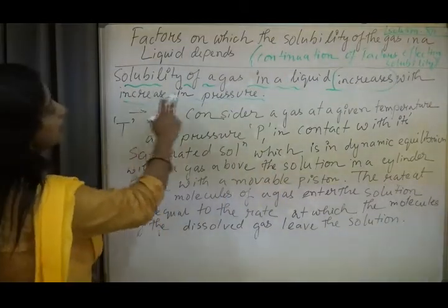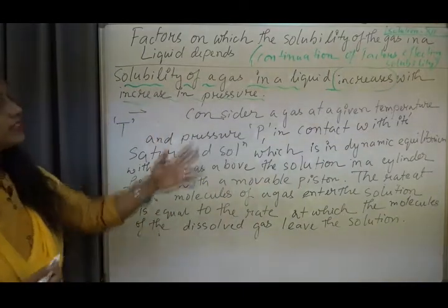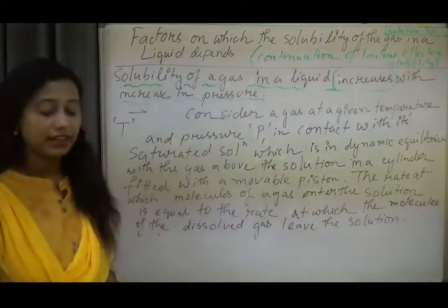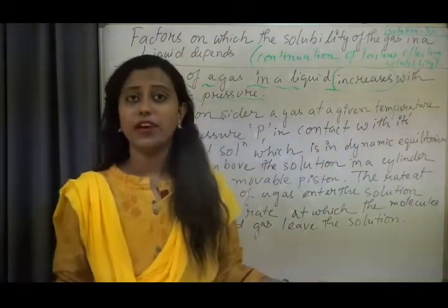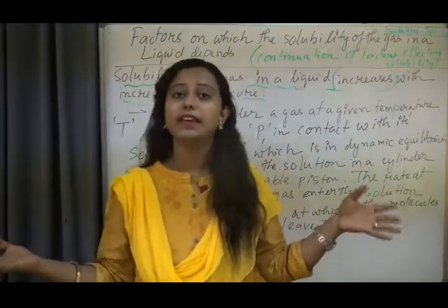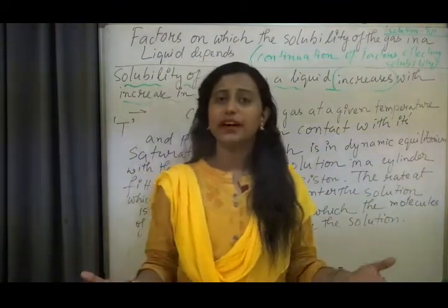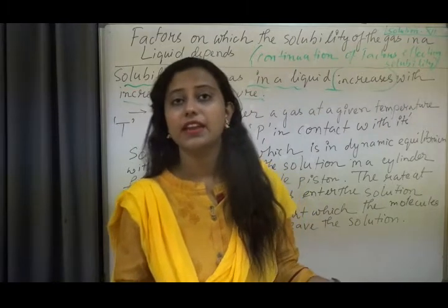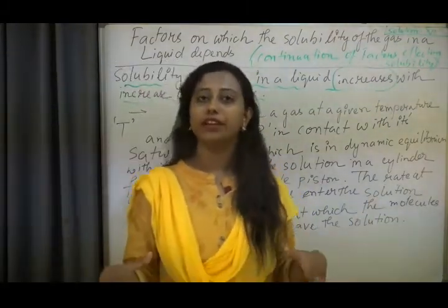So, the solubility of a gas in a liquid increases with the increase in pressure. A liquid is more soluble when pressure is exerted on it. Suppose, as usual, hydrogen gas and oxygen gas cannot be dissolved in water readily.